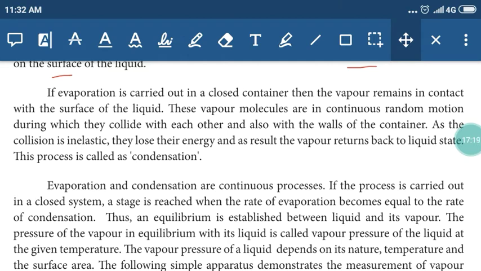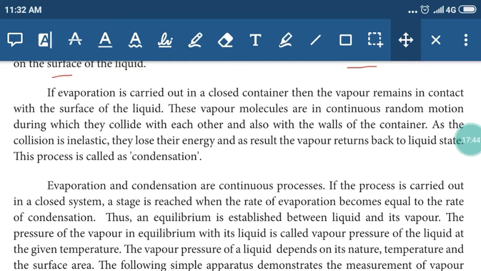So if the condensation is done, it becomes liquid, or we may do evaporation in a closed container. Take liquid water in a closed container. At 100 degrees Celsius, it becomes vapor. But both liquid and vapors will be in the container at 100 degrees Celsius. When the temperature reduces until it reaches room temperature, it becomes liquid again.